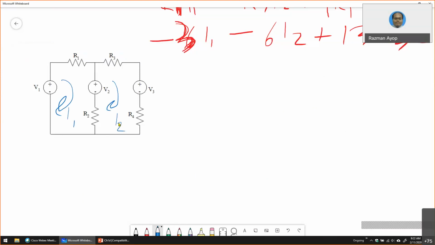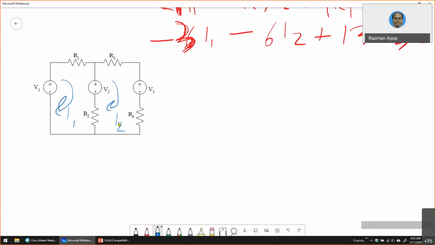Actually you can assign any direction, but for this class I suggest you use clockwise and start with the left top: I1, then I2. It is easier for me to check. Different signs of the loop current will give different steps, but at the end the answer is the same.